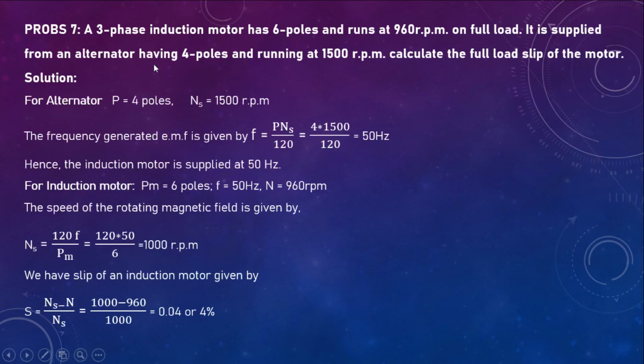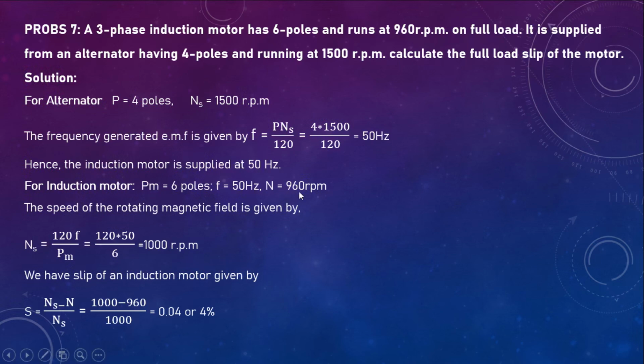So the alternator supply is given to the induction motor, and the alternator has 4 poles and runs at 1500 rpm. Once you get the alternator details, we can find the frequency of supply as 50 Hz, using P N by 120 with N equal to 1500 of the alternator. This frequency is the same as the RMF frequency.